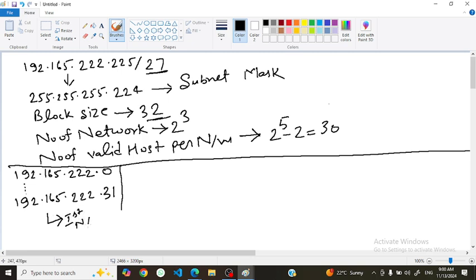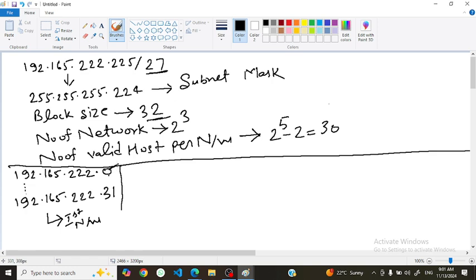Sir, why is zero coming after 222? We have to divide this network into parts, so we will start from 0. 256 is the total range. You cannot assign this network ID to hosts.